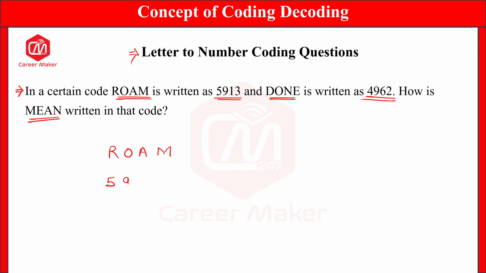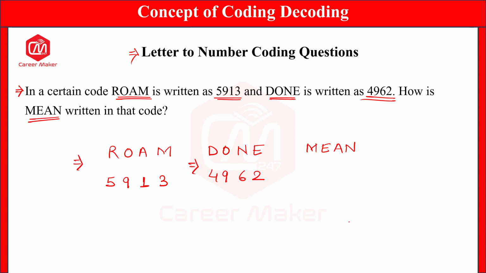There are 4 letters in Rome and it is written by 4 digits. There is the word Dun where we have 4 letters and it is written as a 4-digit code. So obviously Mean will also be written in a 4-digit code. But what will that code be? You need to identify it from these two.